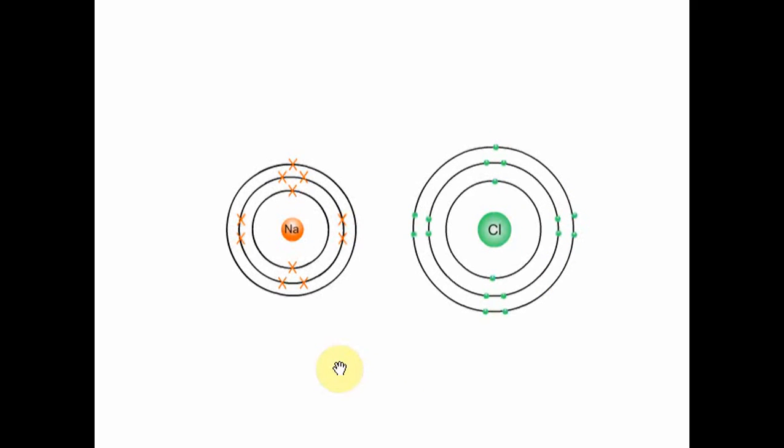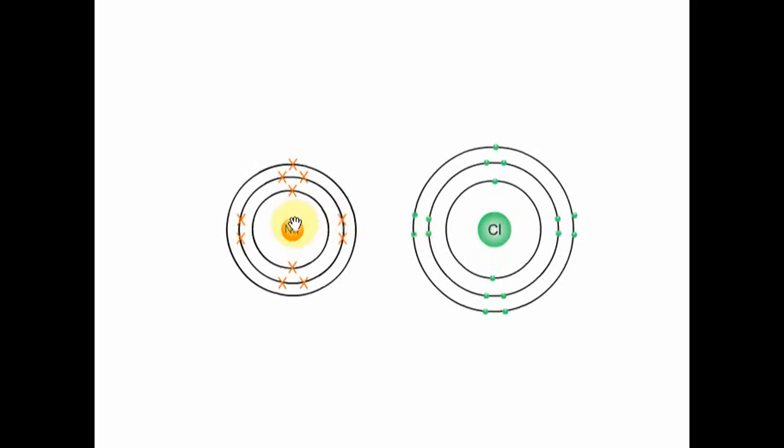As we can see in the figure, the sodium atom contains one electron more than the noble gas configuration. If it loses its outermost electron, it will have 8 electrons in its outermost orbit. Similarly, the chlorine atom, which has 7 electrons in its outermost orbit, has 1 electron less than the noble gas configuration.